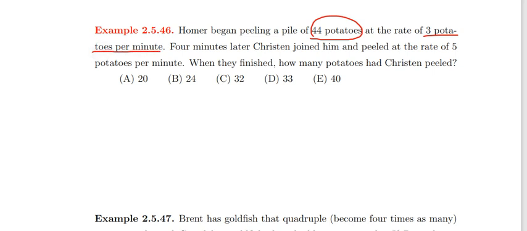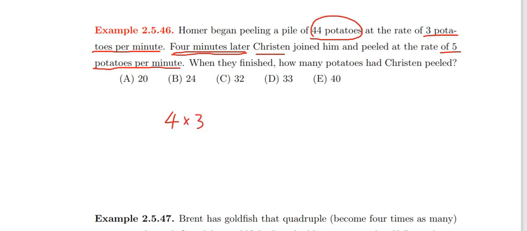Then 4 minutes later, Christine joined him and peeled at the rate of 5 potatoes per minute. So we just start from here. In 4 minutes, Homer has peeled how many? 1 minute 3, so 4 minutes is 4 times 3.